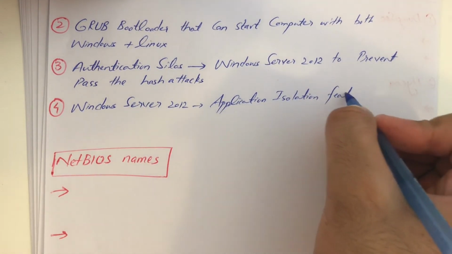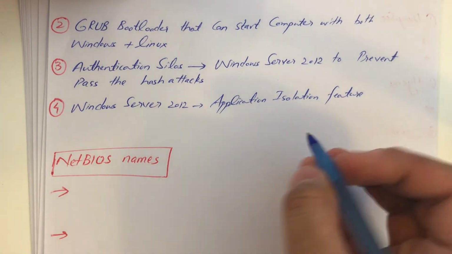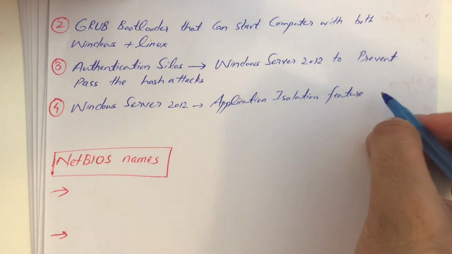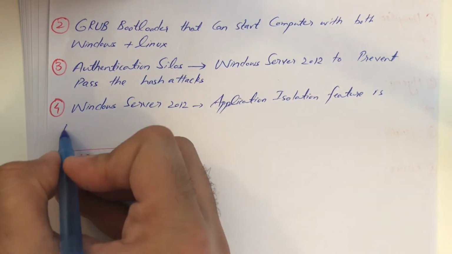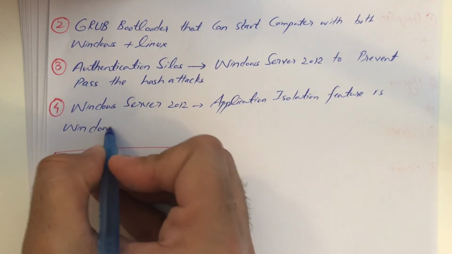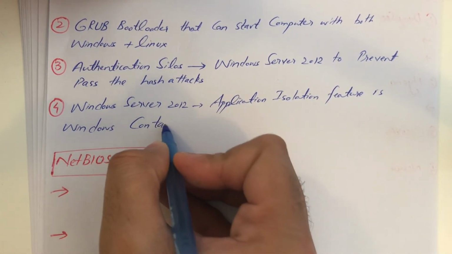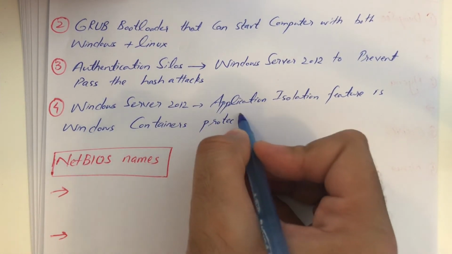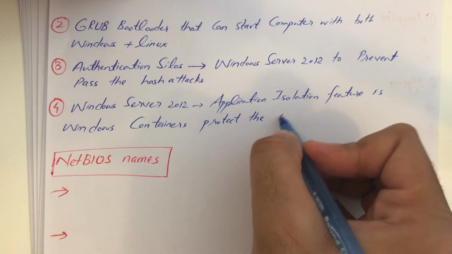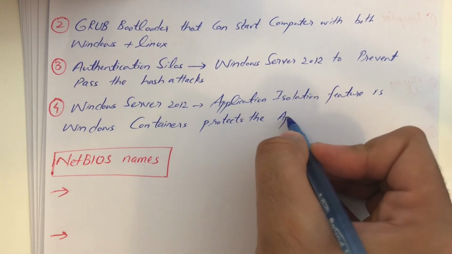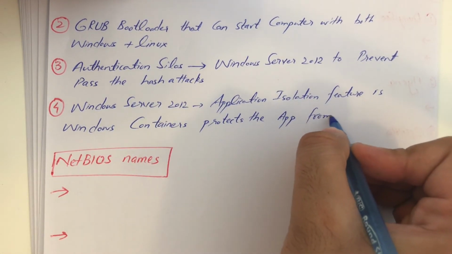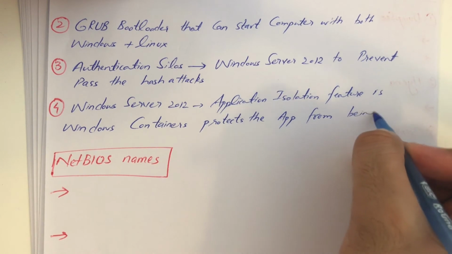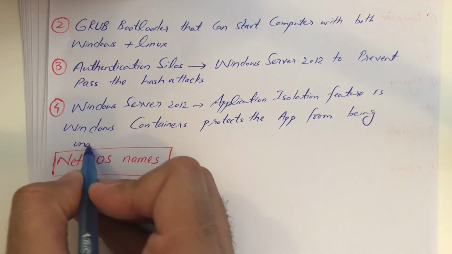The application isolation feature is basically Windows containers, which protect the applications from unauthorized access.